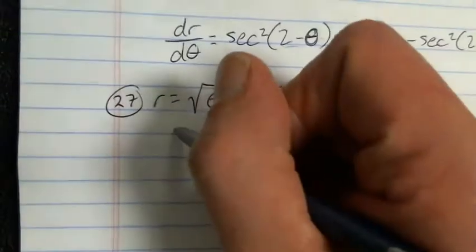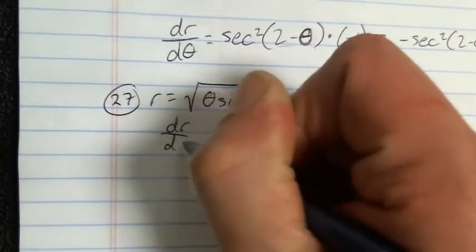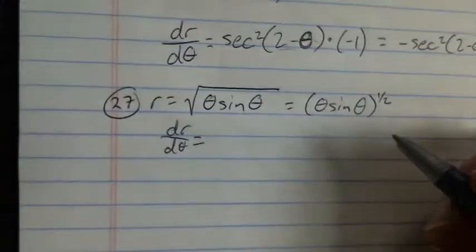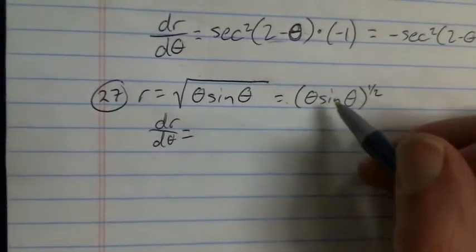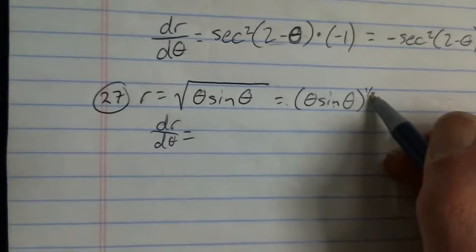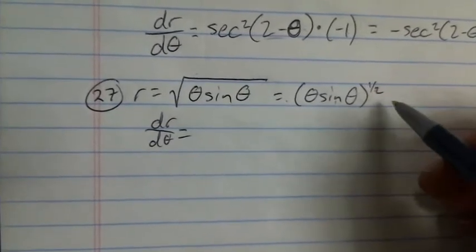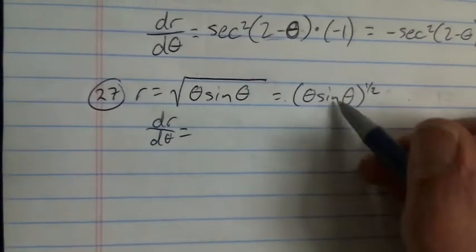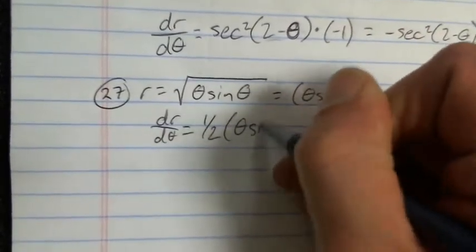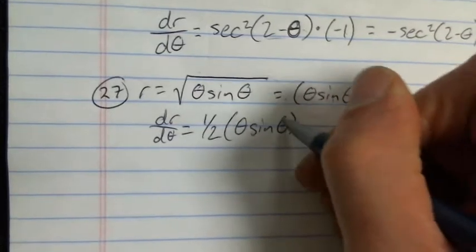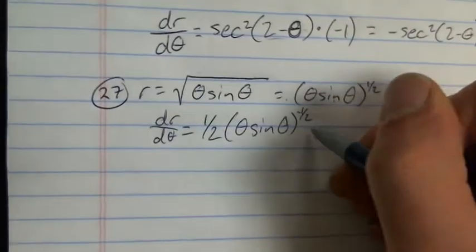Now let's take the derivative with respect to theta. So we're going to get 1/2 out front, subtract 1 from the exponent, and then do the derivative afterwards by chain rule. That's 1/2 theta sine theta to the -1/2.